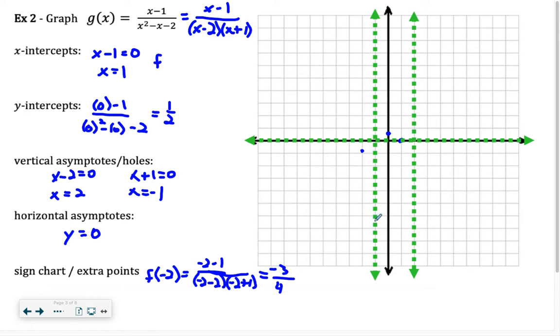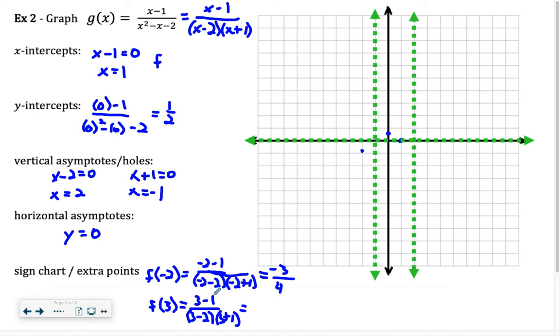Now, that essentially tells me that this piece is just going to be contained down here. All right, so let's move over here and choose a point to the right of this asymptote. So let's plug in 3. So f of 3 will be 3 minus 1 over 3 minus 2 times 3 plus 1.